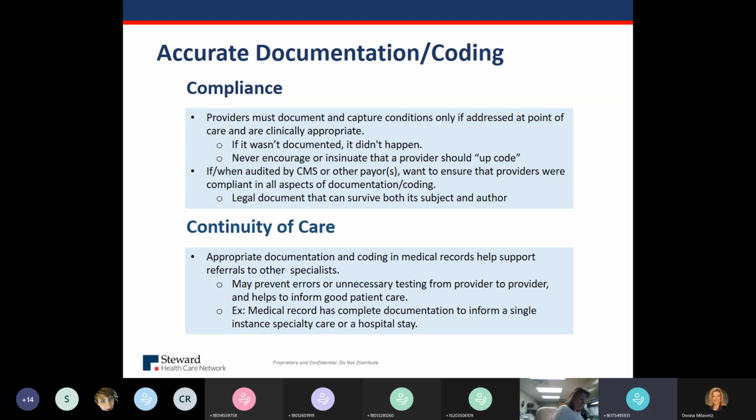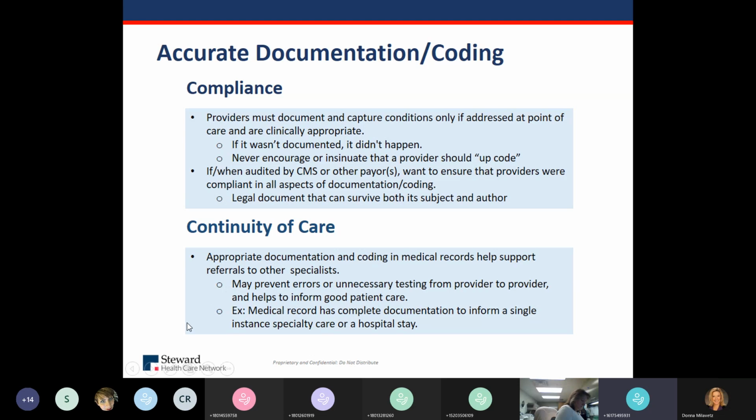That's not what this is. This is about accurately coding what the patient has. If and when audited by CMS or another payer, we want to ensure that there's compliance in all aspects of the documentation and coding. Medical records are legal documents that need to survive both their subject and author.